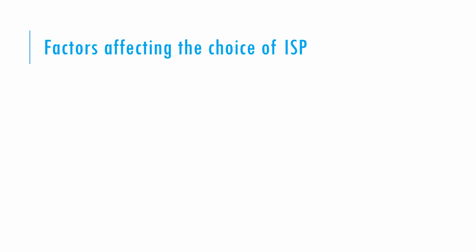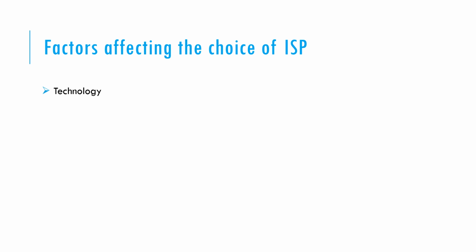In order to select an internet service provider, we should find out about the technology and speed provided by them, besides the service cost. So the following factors must be kept in mind when selecting an internet service provider. First is the technology.